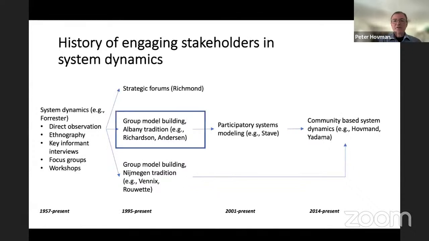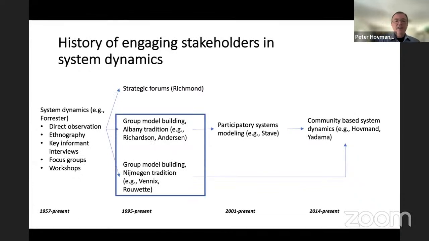So when you're using the term group model building, just be aware that some folks will use it in a narrow sense and refer specifically to the intention to build a simulation model. That would be group model building in the Albany tradition. Many today would include both the Albany tradition and also the Nijmegen tradition, and Jac Vennix was very clear that you don't necessarily always go to simulation modeling.